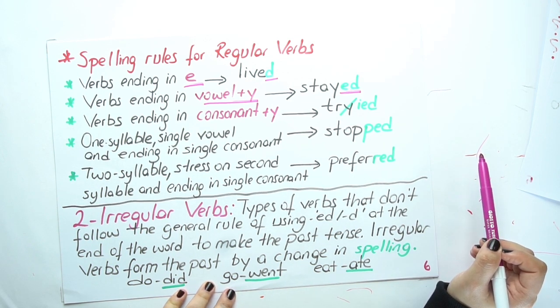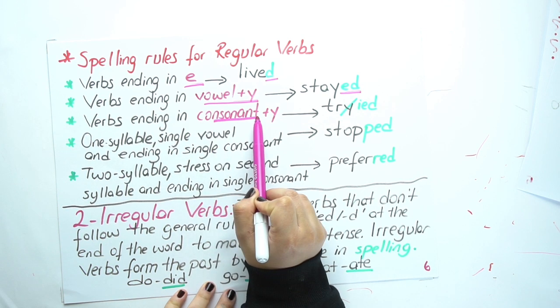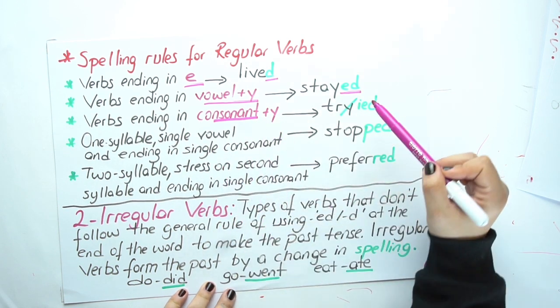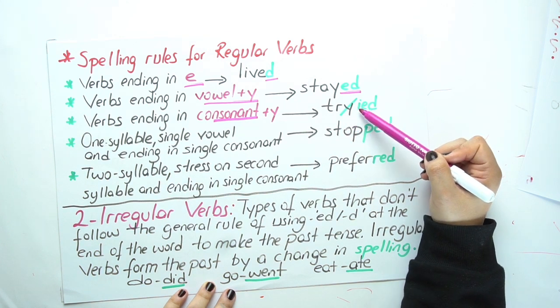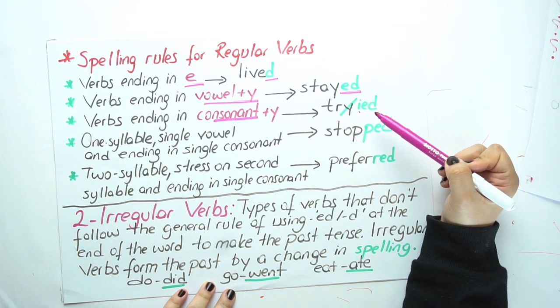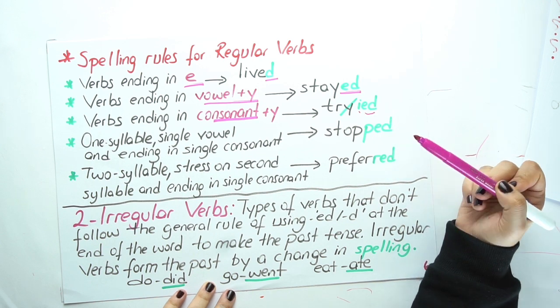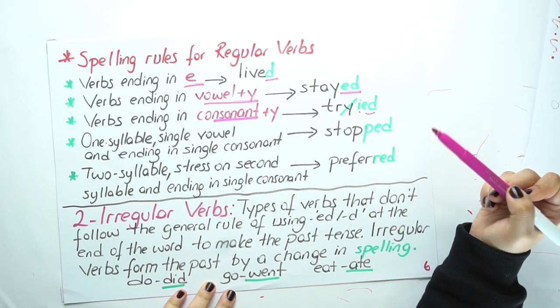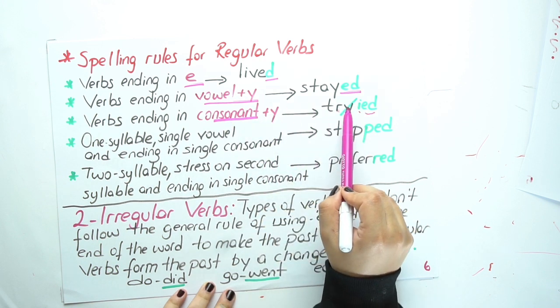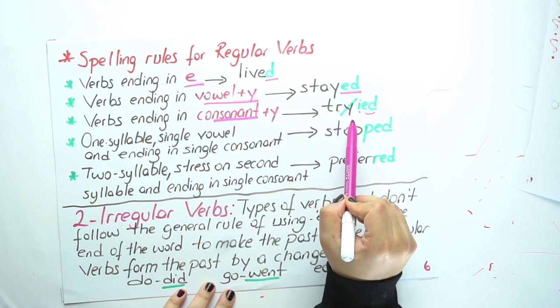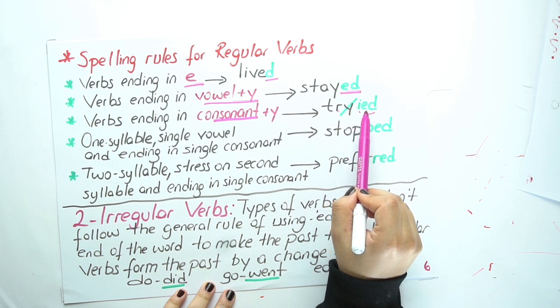But if it ends with a consonant, then Y comes, Y drops, and it turns into I, then we again add our ed. As you see in the example, try: Y drops, and tried.